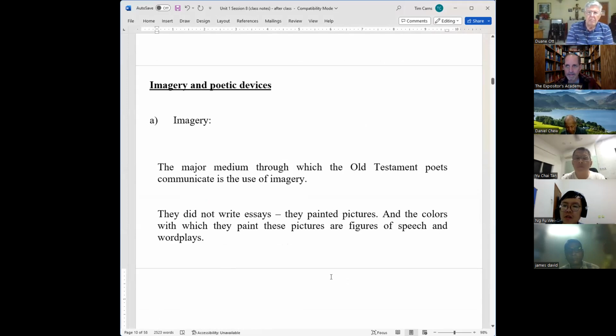They didn't write essays or lectures, but they often painted images with their words, because those images also have an emotional impact. There's a saying in English: a picture is worth a thousand words. And it's almost like that in Hebrew poetry. If a picture can be painted or described, it really shows insights and truths in a unique way.